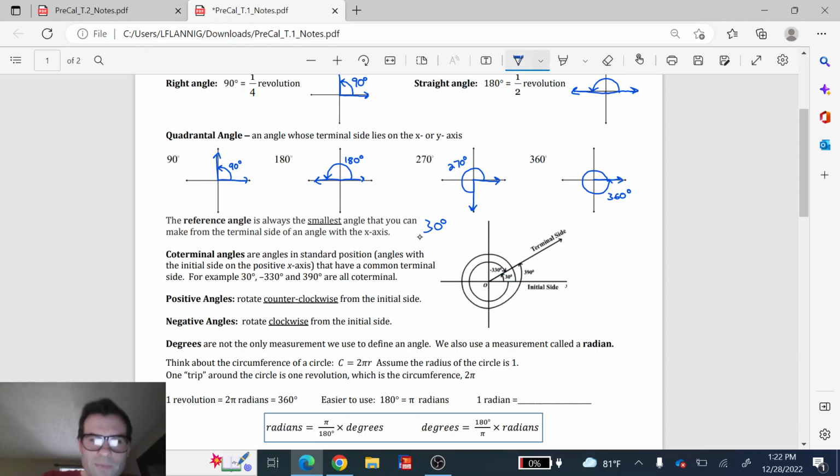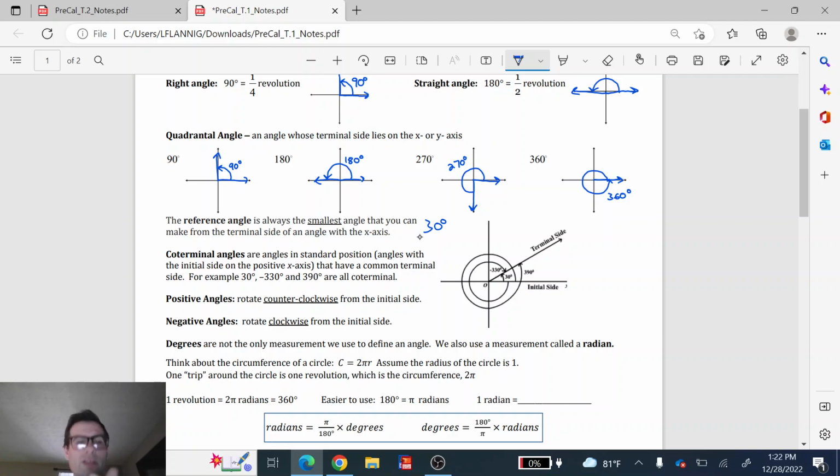Next, we have coterminal angles, and there are a couple different kinds. Coterminal angles are angles in standard position, with the initial side on the positive x-axis, that have common terminal sides.